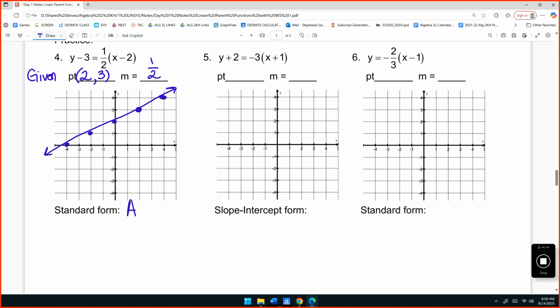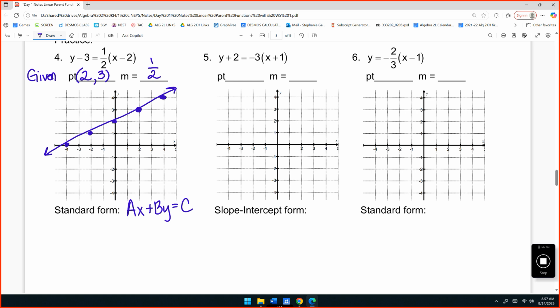Remember, standard form is ax plus by equals c, where a, b, and c have no fractions, right? There's no parentheses, no fractions, and also a can't be negative, okay? So they have to be integers, but a has to be a positive integer. So we gotta somehow take this and turn it into that.